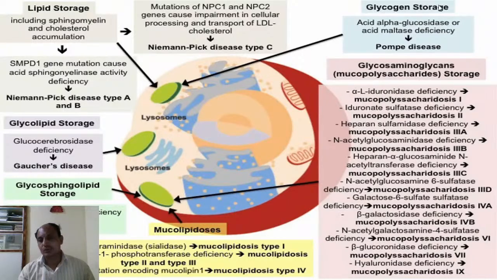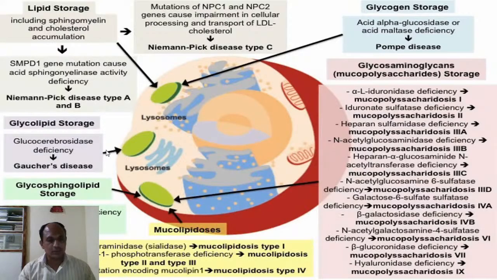Later on there is glycogen storage disease also. See here, acid alpha glucosidase or acid maltase deficiency, and a deficiency of this enzyme leads to Pompe disease. Or for example, in glycolipid storage, there is glucocerebrosidase deficiency.